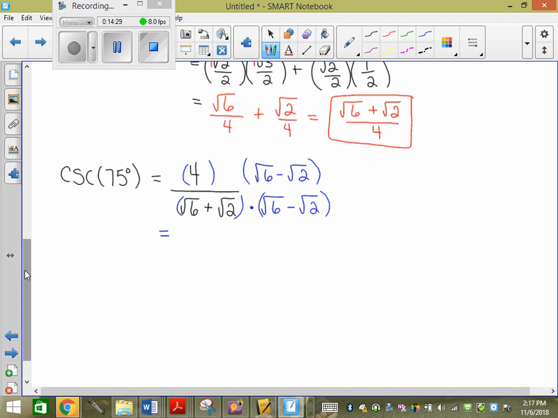So in the top, we would get 4 root 6 minus 4 root 2. In the denominator, when we're done, we better not have any radicals. If we have radicals, we either FOILed wrong or we didn't multiply by the conjugate.